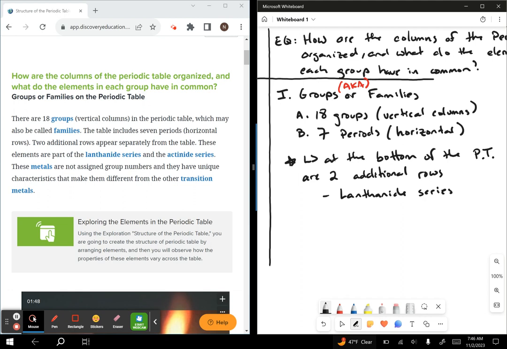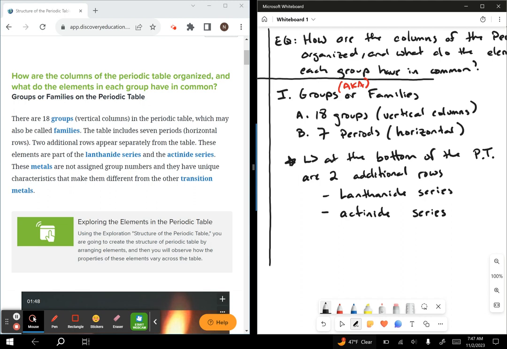And then you have your actinide series, which are almost your lab-grown, man-made ones. Both of these usually have electrons that fill the f orbital, which we haven't really filled out in our exercises.